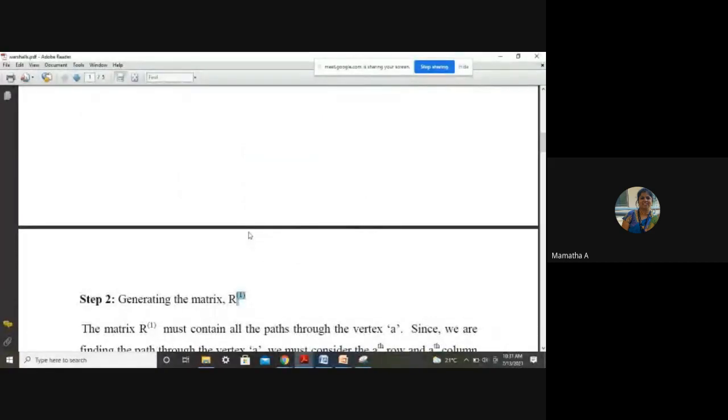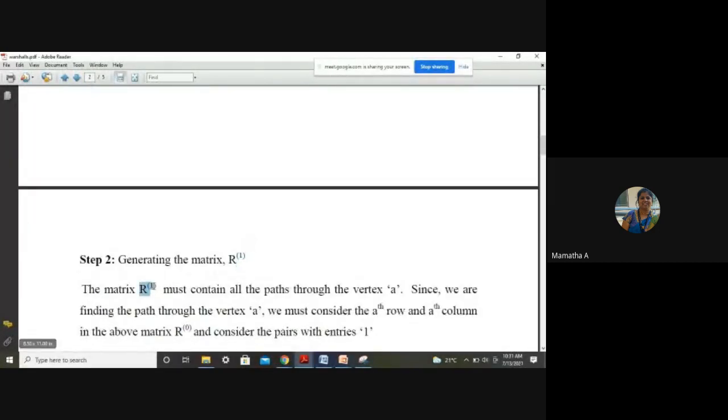So what is this R1? As you all know, the R1 matrix contains all the paths through the first vertex. Which is my first vertex in my example?